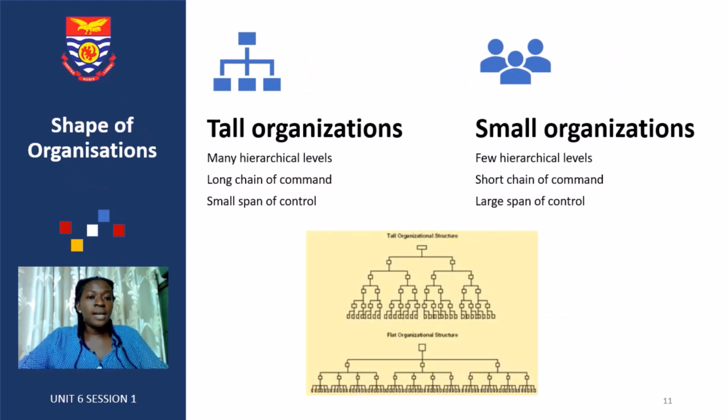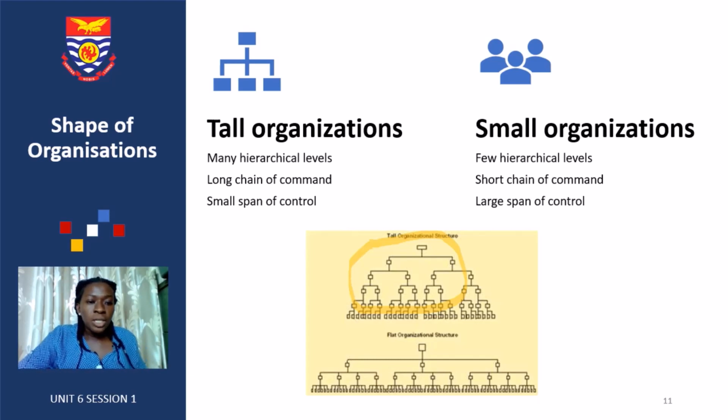Now, organizational charts come in different shapes and forms. We have basically the tall organization, which has more hierarchies. In the picture I've inserted here, the top one is a tall organizational structure. You see a lot of hierarchies, like the UCC, University of Cape Coast, organizational chart. You see a long chain of command and a small span of control.